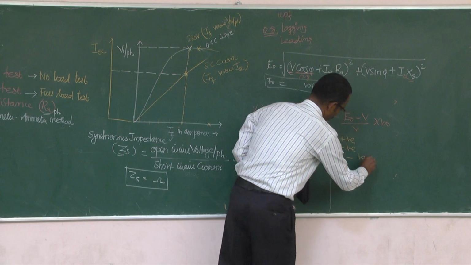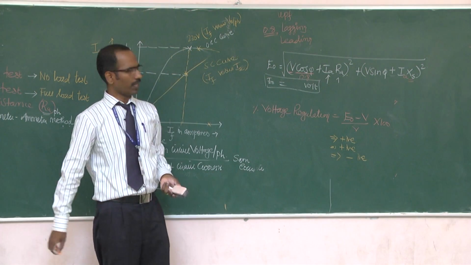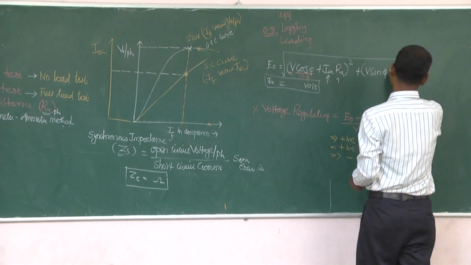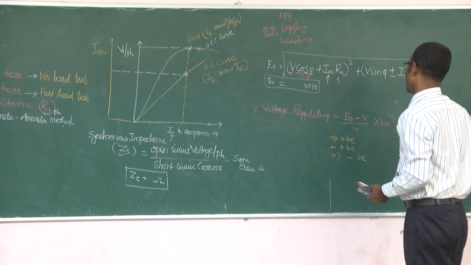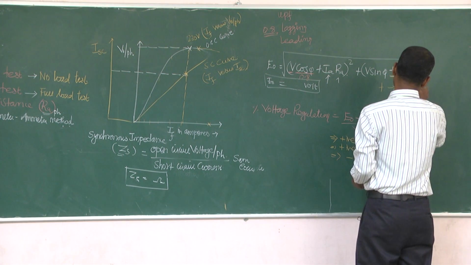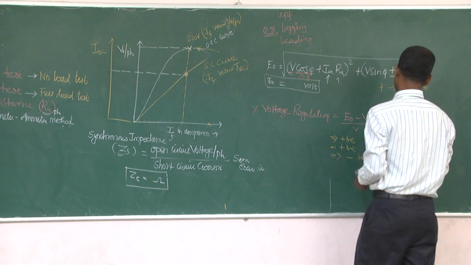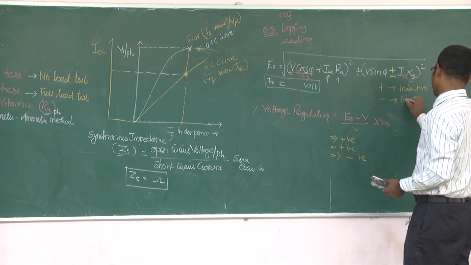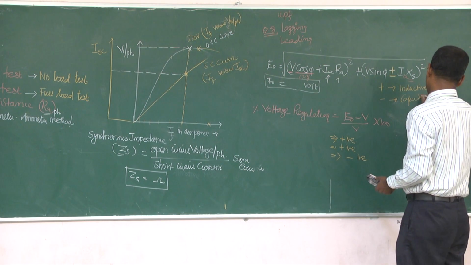So the voltage regulation is negative for capacitive loads. Here we added two signs, plus or minus. Plus is used for inductive loads because an inductive load consumes reactive power. A capacitive load delivers reactive power. So the negative sign is added for capacitive loads.